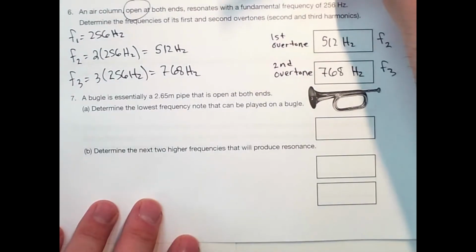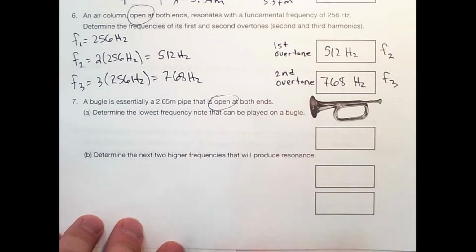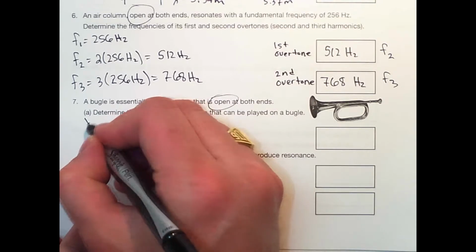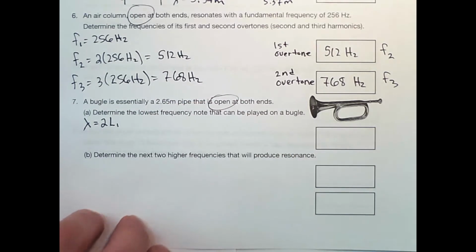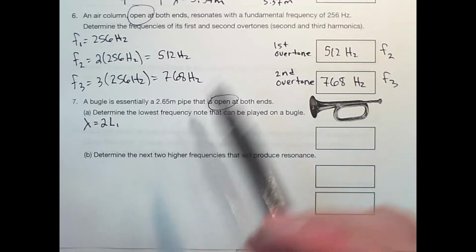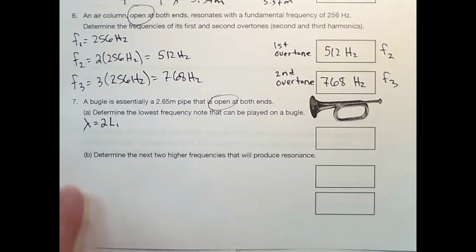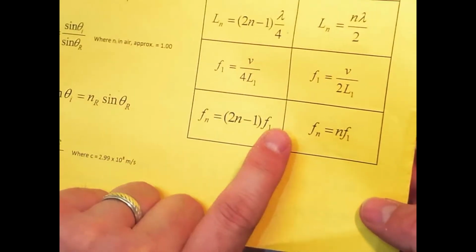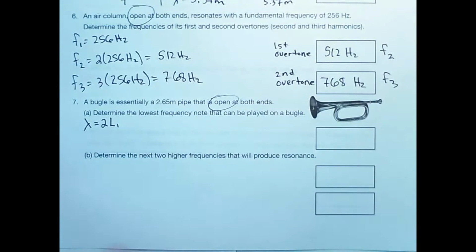So number 7. A bugle is essentially a 2.65 meter pipe that is open at both ends. Determine the lowest frequency note that can be played on a bugle. So, once again, open at both ends. Using the exact same principle as above for open tubes, this is just L1, so all I'm using is this equation where 1 is in for n, and then I'm solving for lambda by multiplying both sides by 2.